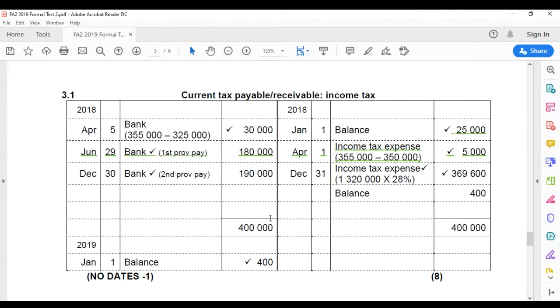During the course of this year, how many times did we debit the income tax expense account? You can just type a little number for me. Look at that current tax payable income tax account, and how many times did we debit income tax expense?